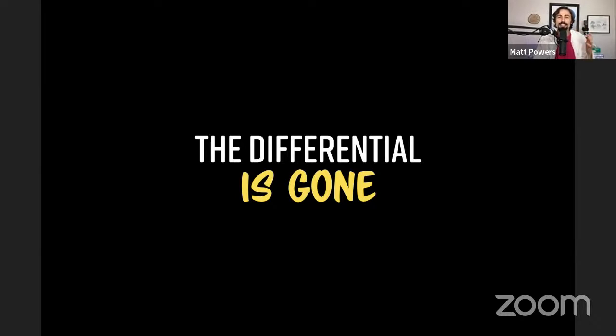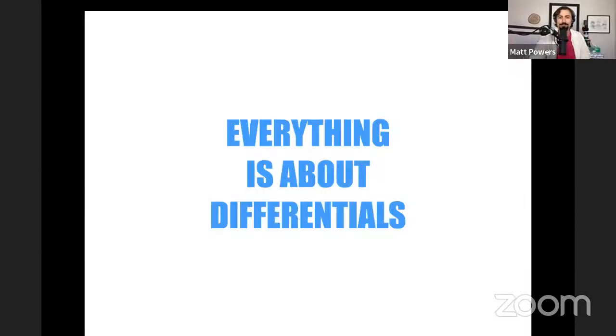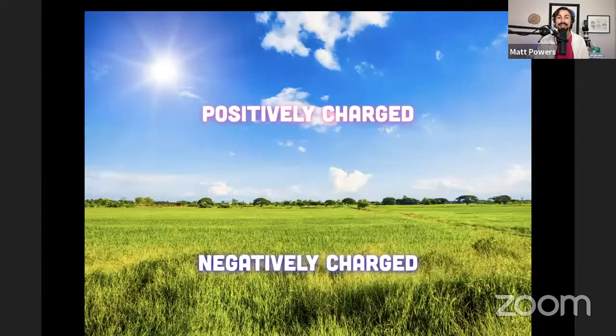So the differential is gone. We've been talking about positive, negative. We've been talking about polarization. Everything is about differentials. The sky is positively charged and the earth is negatively charged. So you could do yin yang, female energy, male energy, father sky, mother earth, all those kinds of things actually kind of perfectly played into this.